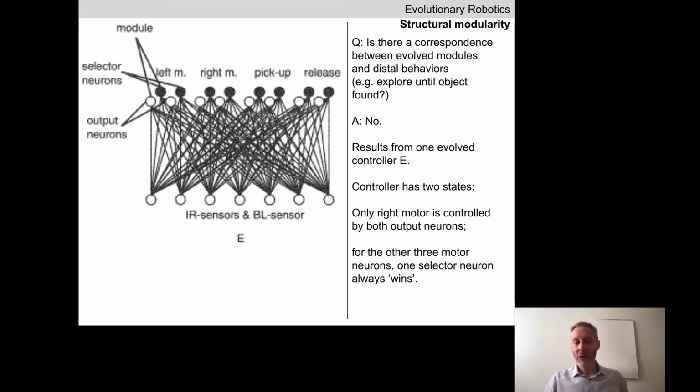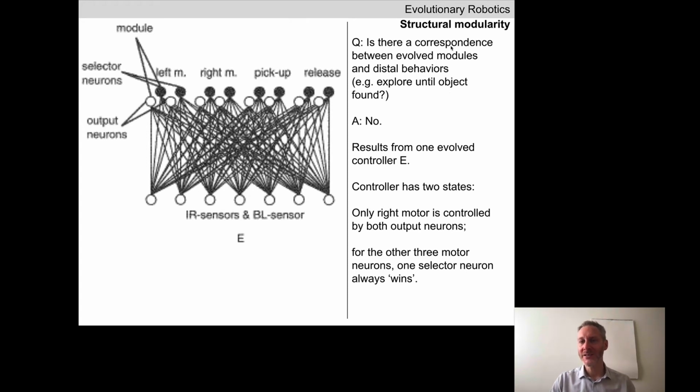we're now going to do a little bit of analysis on the best evolved E network. What is going on? How did evolution carve up this task? What were the subtasks that evolution thought was useful?